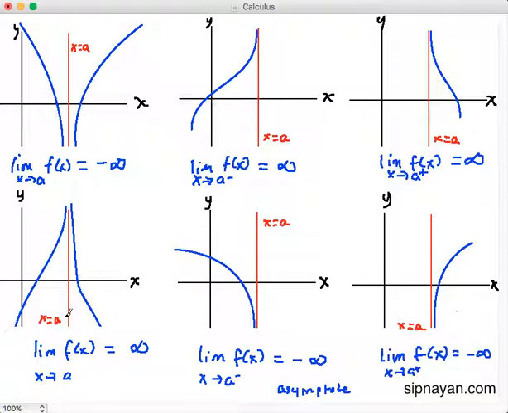This is x equals a. Lumalapit yung graph ng function doon sa line na yan, palapit lang siya ng palapit but it will never intersect that line. So, ang definition ng vertical asymptote, medyo intuitive lang yung ating definition, hindi masyadong formal.